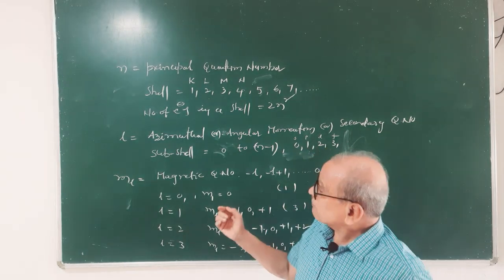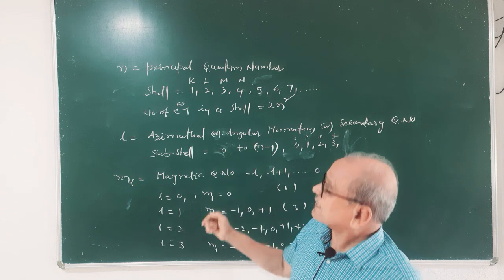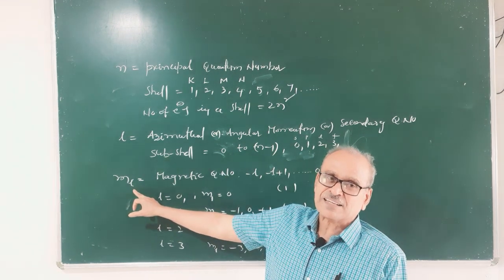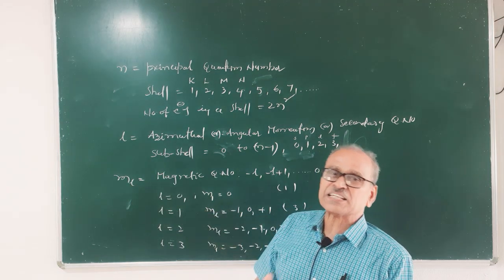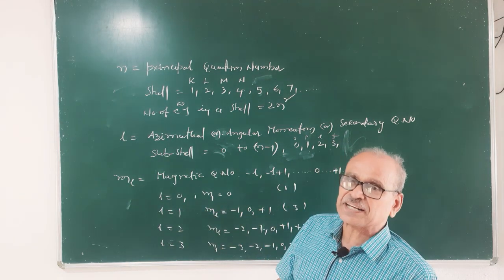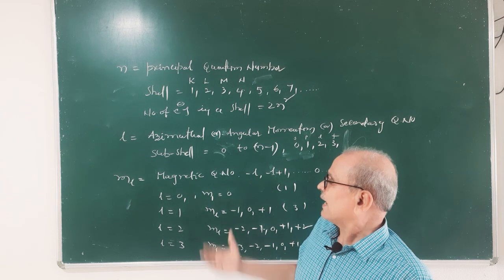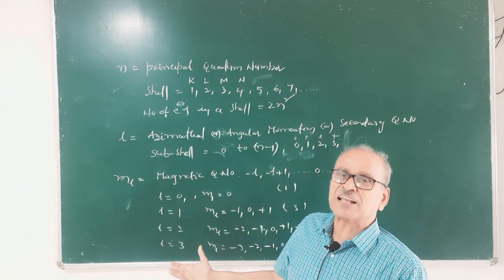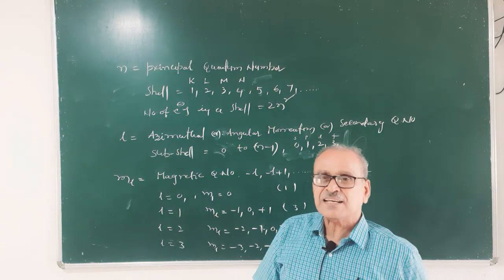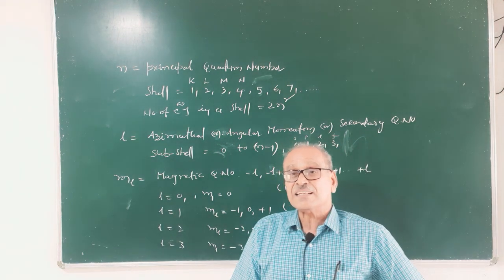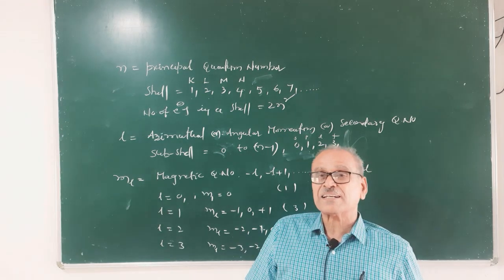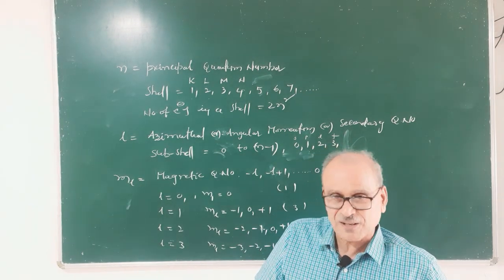Now the number of orbitals in each subshell is given by the quantum number ml. In fact, it shows us the orientation of an orbital in a magnetic field. Now I have given the numbers. l equal to 0 means ml is also single valued 0, that is the s orbital is single in each subshell. So every major level contains a single s orbital.